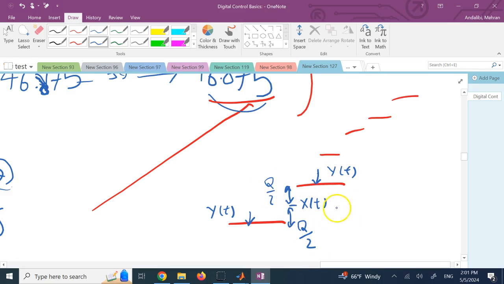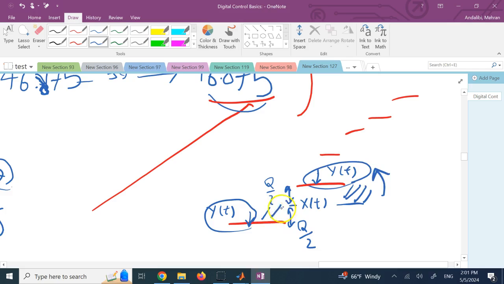Because what? Because if it passes this midpoint, it is going to go to this. If it's below the midpoint, it is going to go to this. If it passes above the midpoint, it can go to that. Okay, so if it's in this region, it is going to be rounded to the upper level.